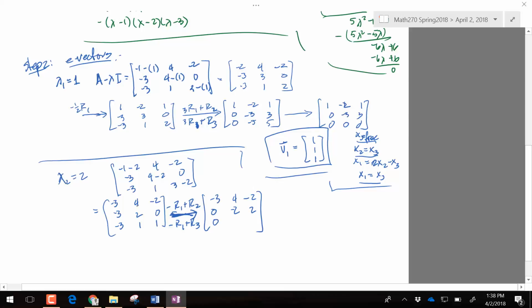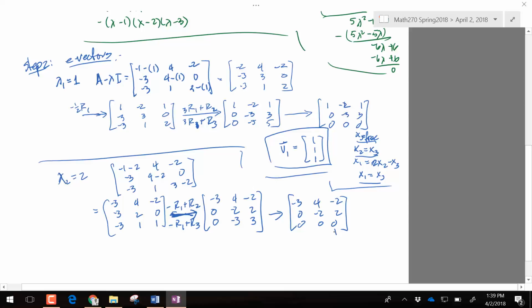And this is going to be 0, -3, +3. So again, that whole denominator stuff will get knocked out. So I get 3, -3, 4, -2, 0, -2, 2, 0, 0, 0.